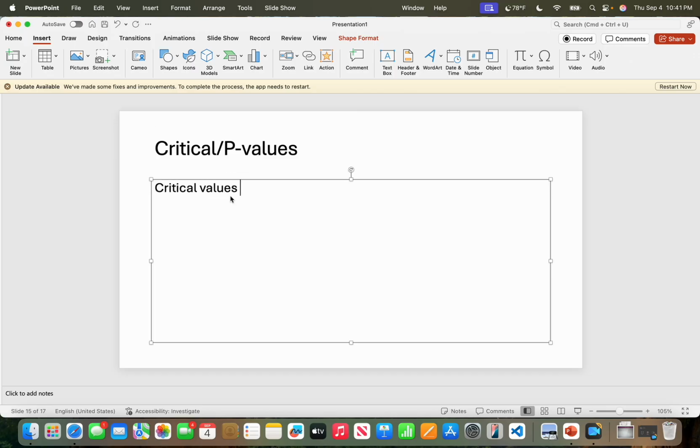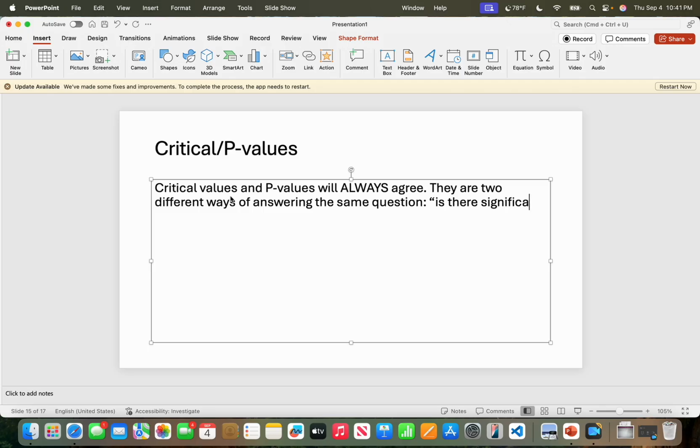Critical values and p-values will always agree. They are two different ways of answering the same question. The question being, is there significance?